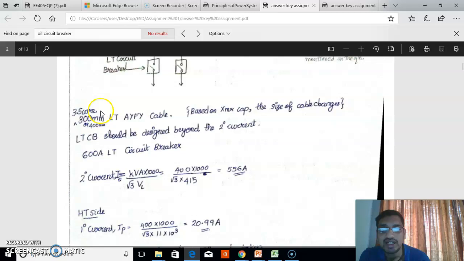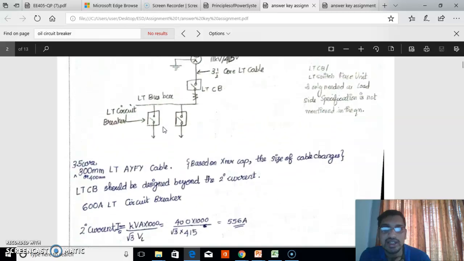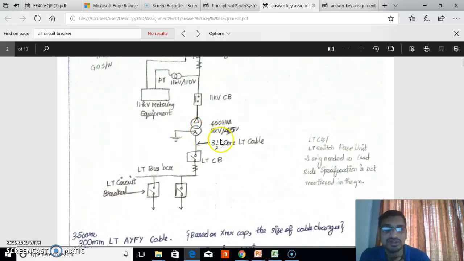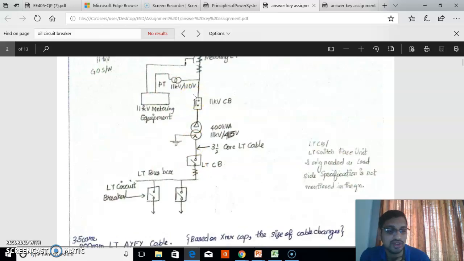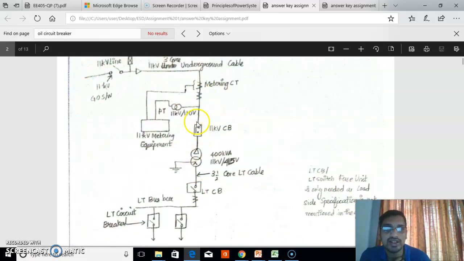So for a 400 kVA transformer on the secondary side we use a 300 mm LT AYFY cable. We can write here that the cable size is 3.5 core, 300 mm LT cable, and the rating of the LT devices should be 600 ampere. Then the HT circuit breaker is above 25, or 30 or 40 ampere. So that is the solution of this problem.